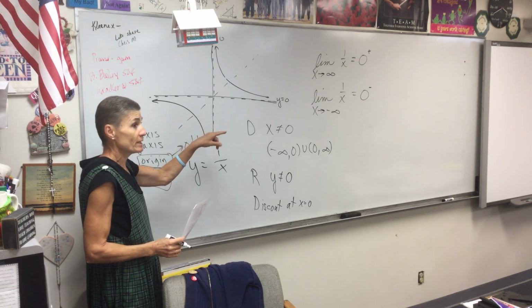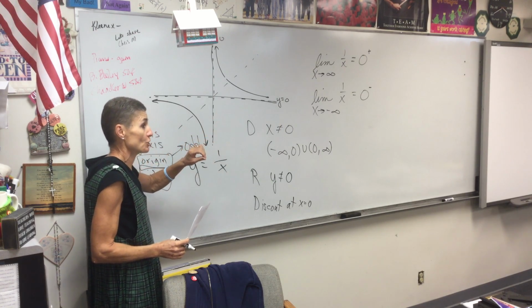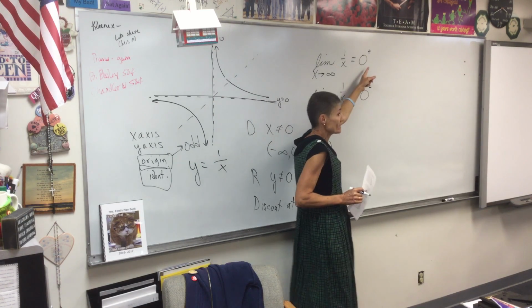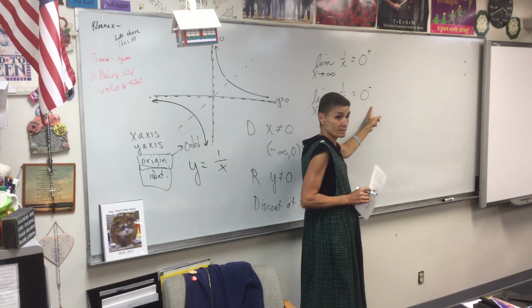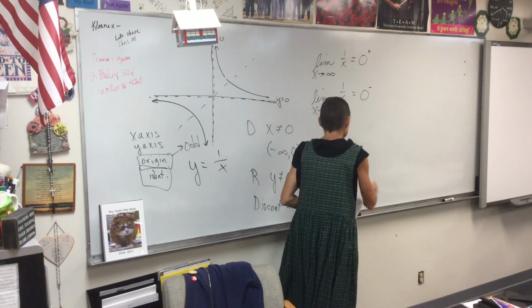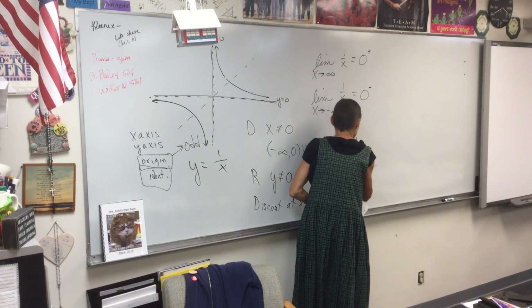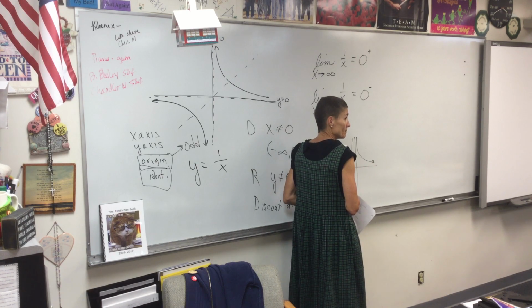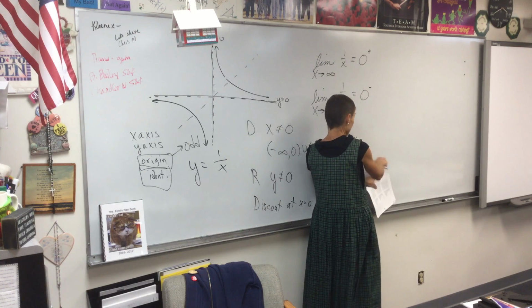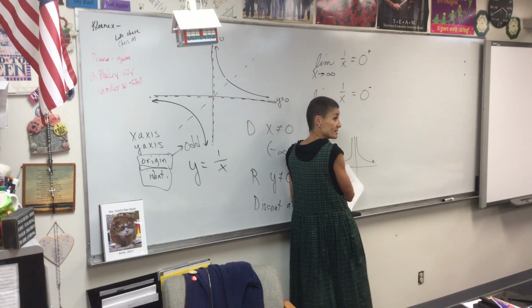That tells our reader that both ends are going to 0, but one's coming from the top side and one's coming from the bottom. If you had a picture that looked like this, which is possible, then this one would be 0 from the top, and this one would also be 0 from the top.